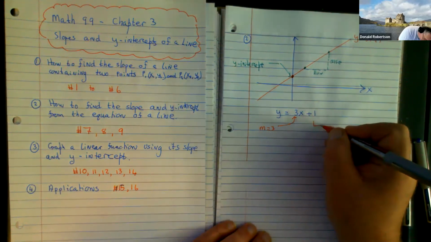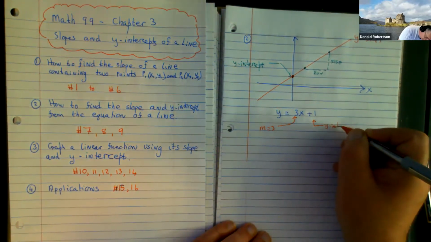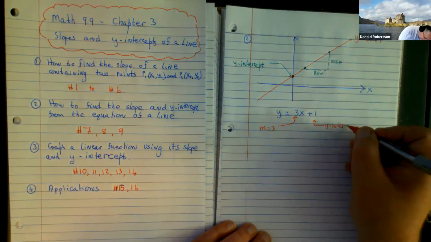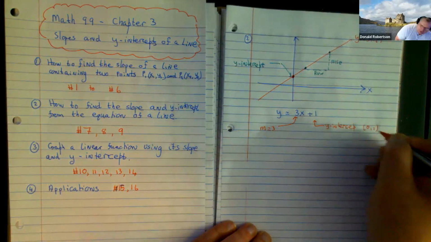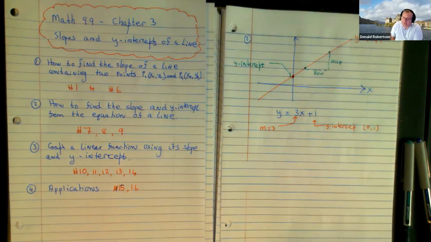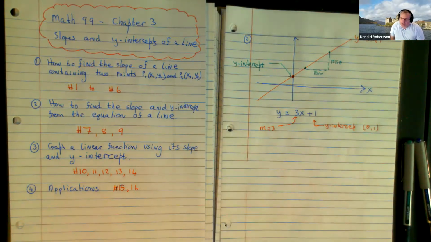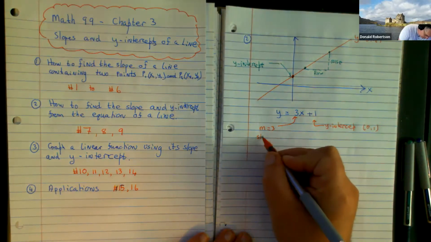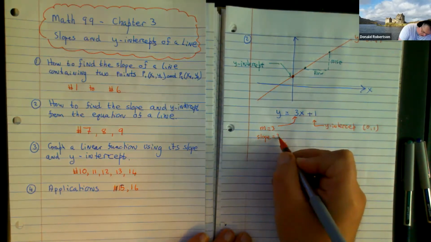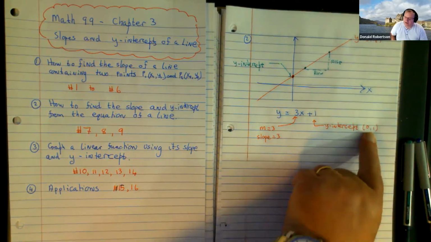And this number here, plus 1, that is the y-intercept, or at least it's the y-coordinate of the y-intercept. So that's what the coordinate would be, 0, 1. That's how simple it is. As long as the equation is written as y equals, you can find the slope, which is 3, and the y-intercept, which is this guy.